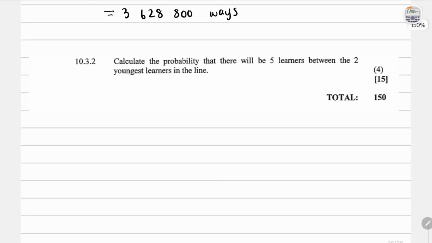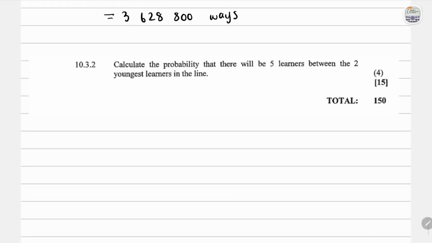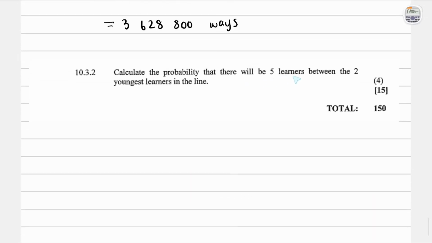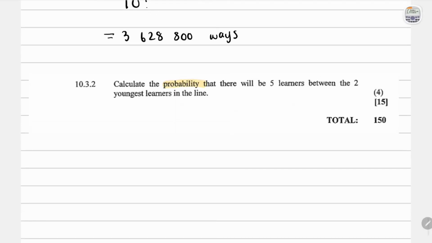And the last question says, calculate the probability that there will be 5 learners between the 2 youngest learners in the line. So let's keep in mind that at the end of the day, we need to find this as a probability. Okay, that there will be 5 learners between the 2 youngest learners in the line.